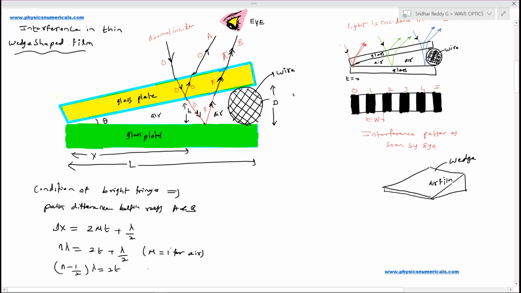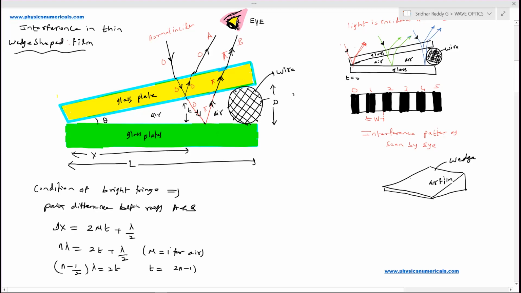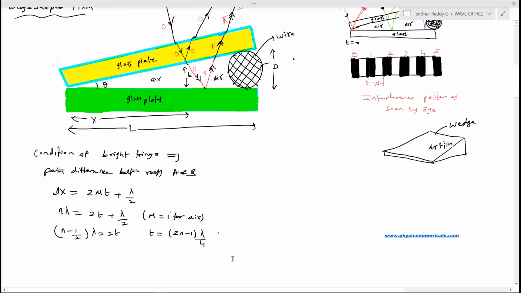So what should be the thickness of the air film? The thickness of the air film will be (2n minus 1) lambda by 4, where n is equal to 1, 2, 3, 4, and so on.